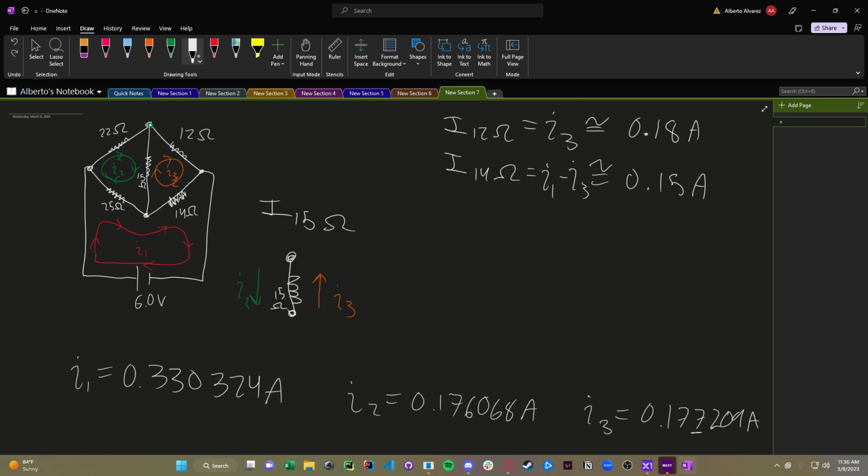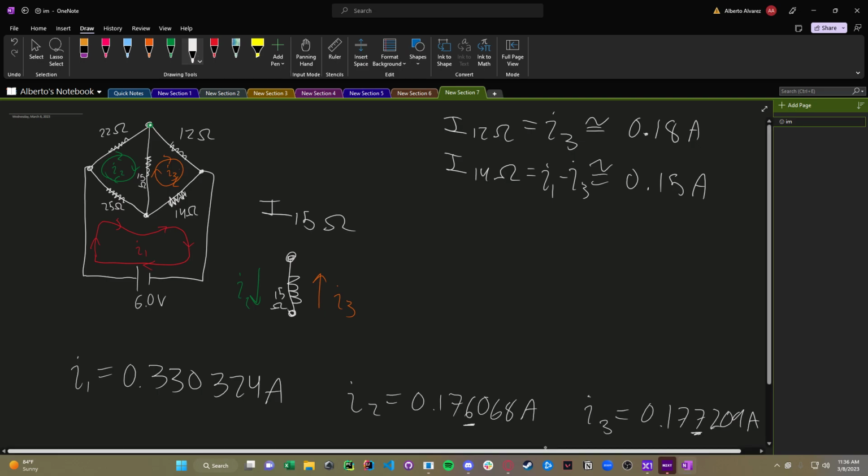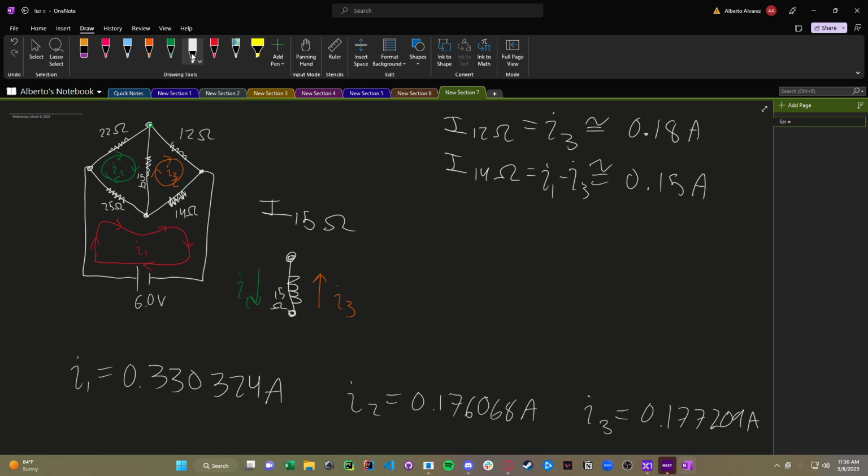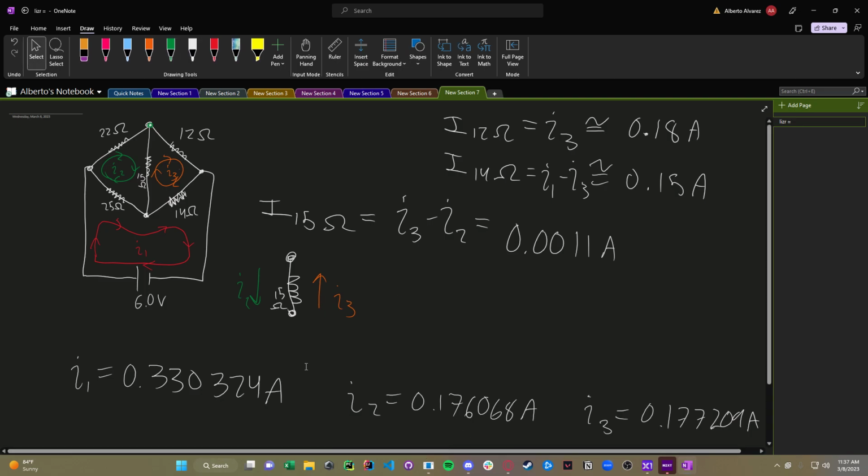Well, I3 is just larger than I2, 0.177 versus 0.176. So the net current is going to be going upwards. So first of all, that's part B, right? Part B should be upward. And if I3 is the dominating one, then I2 is the current that's taking away. So the actual calculation will be I3 minus I2 as opposed to I2 minus I3. And that gets us roughly 0.0011 amps, a very small current because the two values are close.